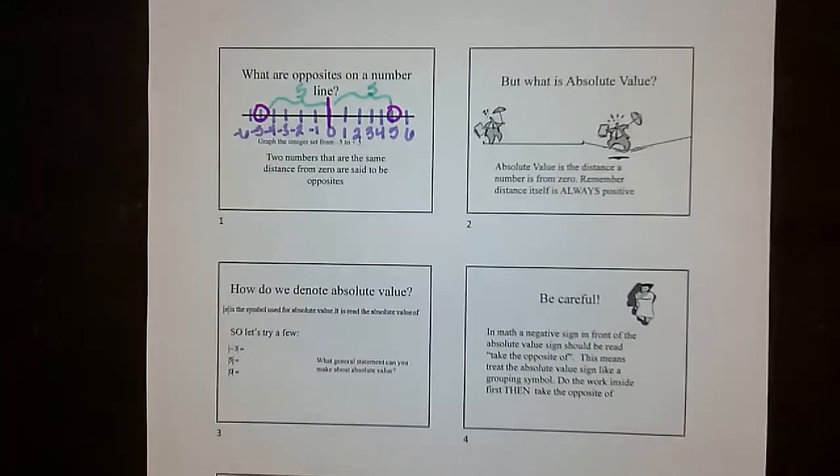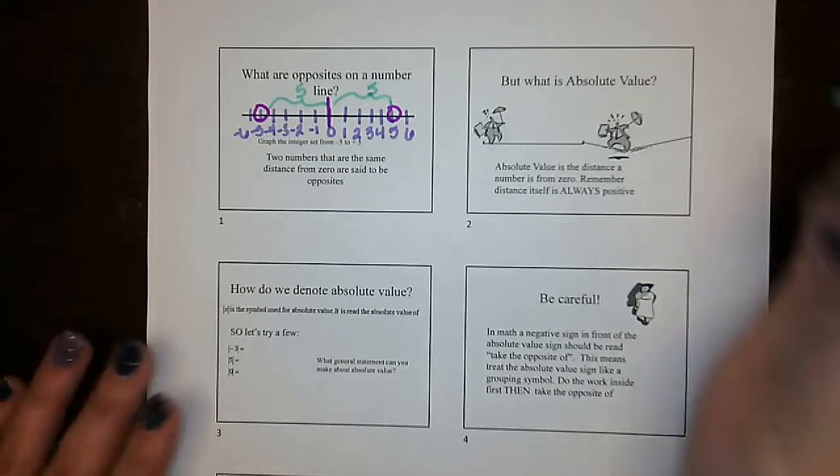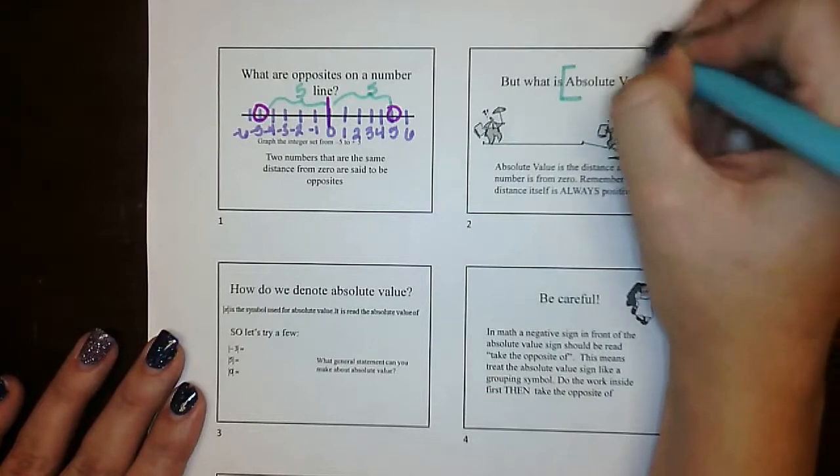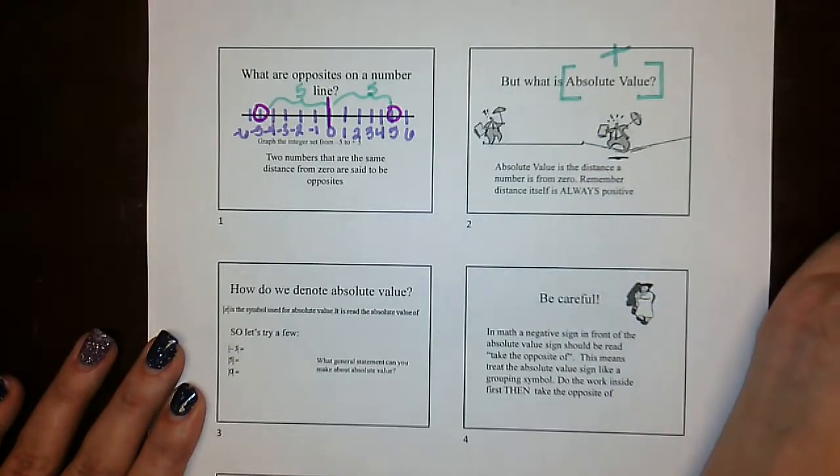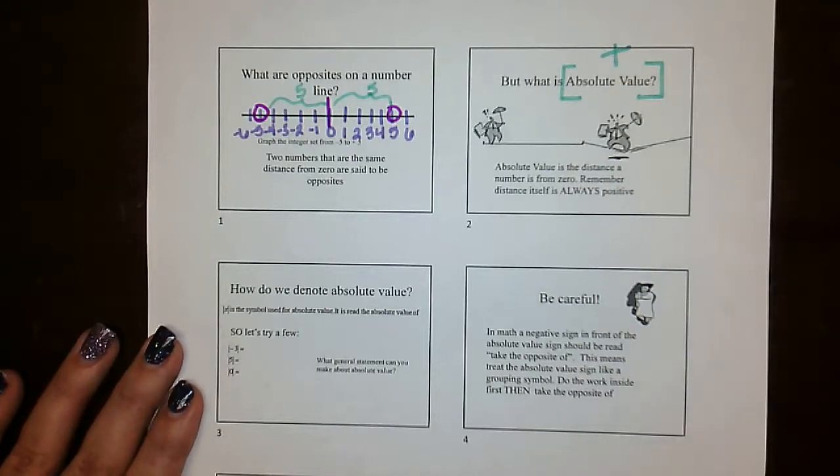So absolute value, the reason why that's important is absolute value is the distance a number is from 0. And it's always going to be a positive value. So absolute value is always positive because you're talking about a distance, and distance is always positive.